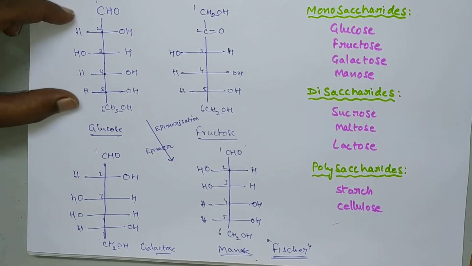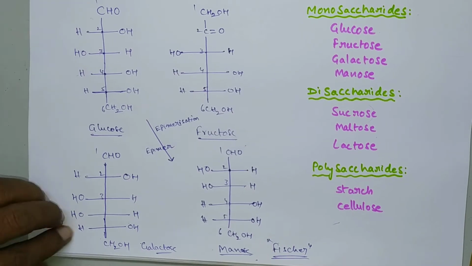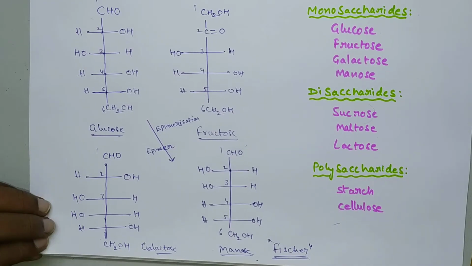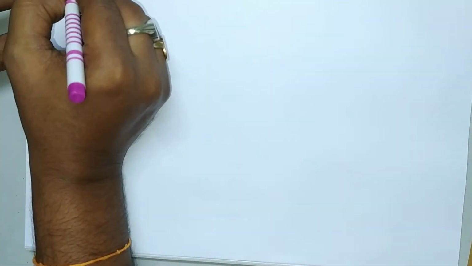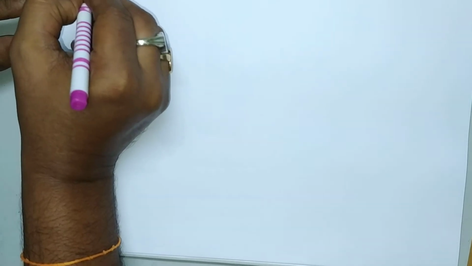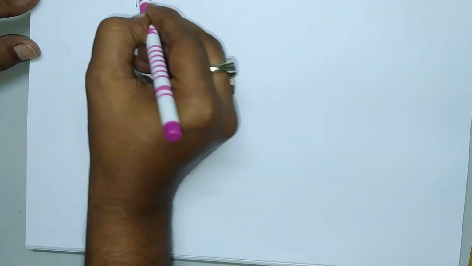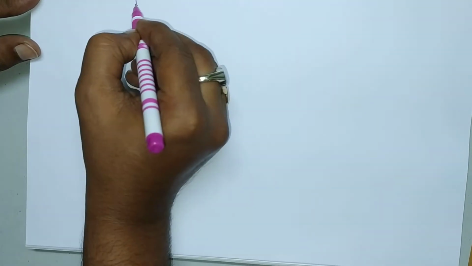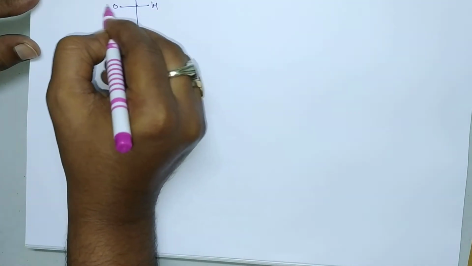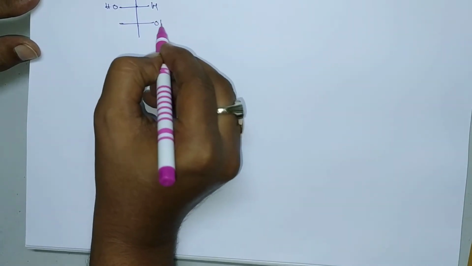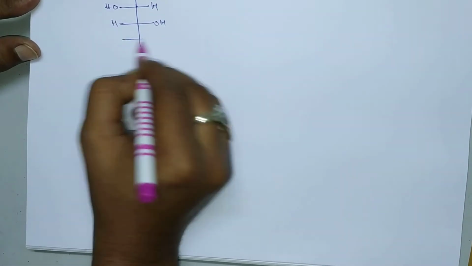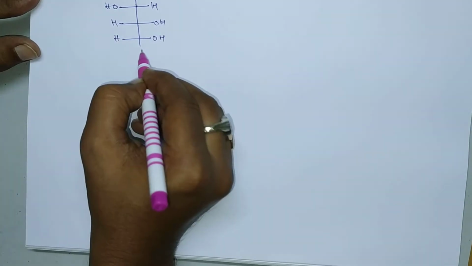Now we have to convert these Fischer structures into Haworth structures. So let us convert the structure of glucose. Here it is CHO. If you proceed through simple steps, you can easily understand the structures.